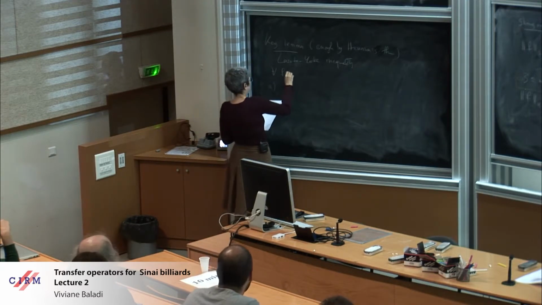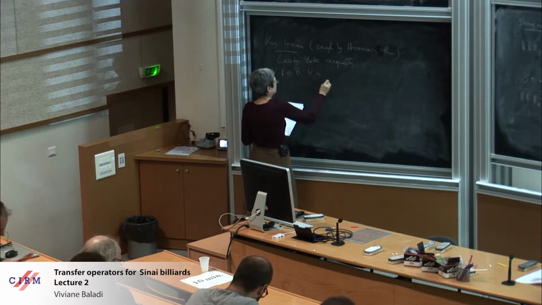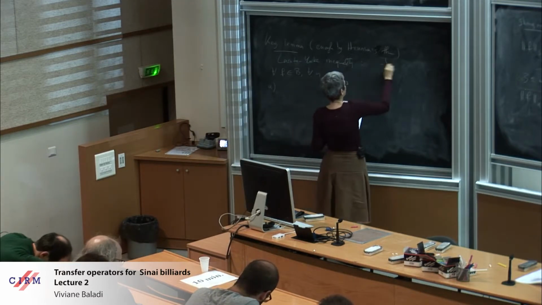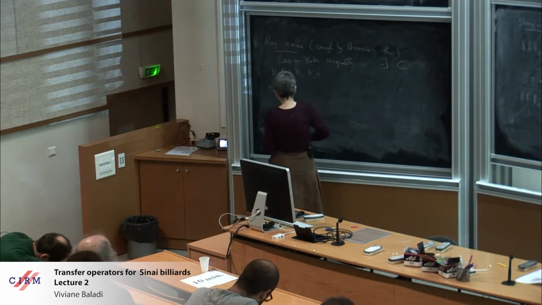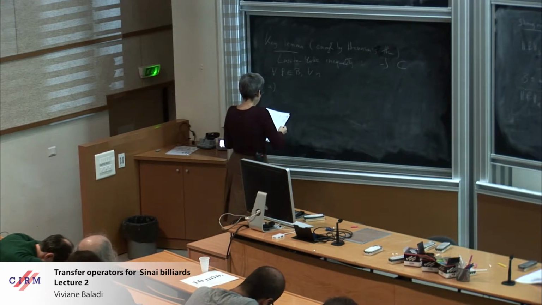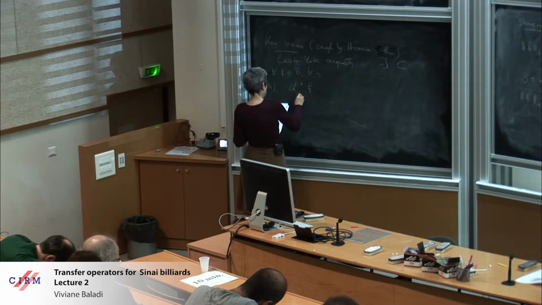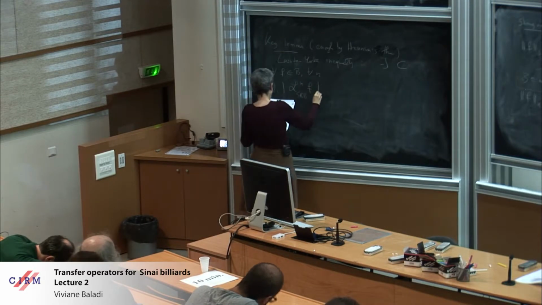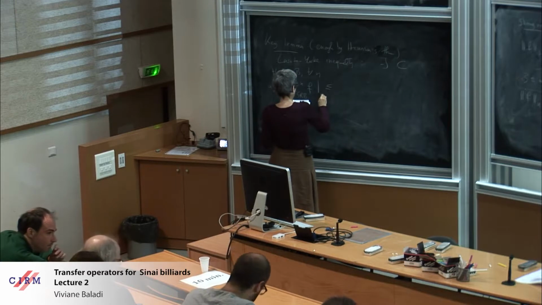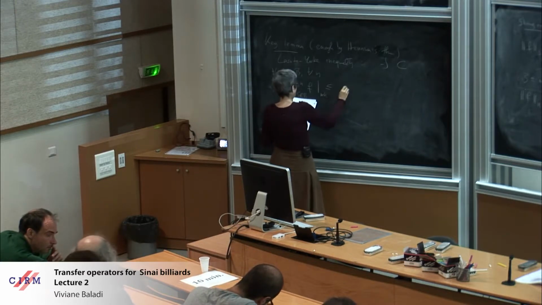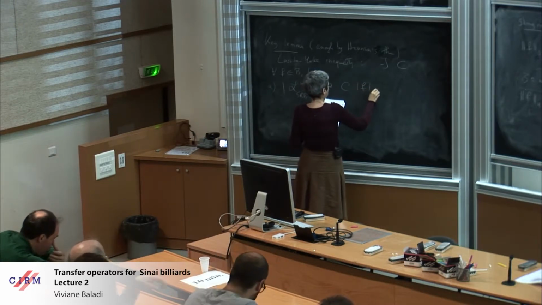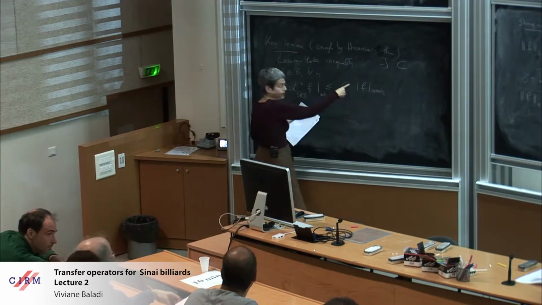For any f in this Banach space, for any n, there exists a constant such that in the weak norm, you just have boundedness. But this doesn't depend on n, right?